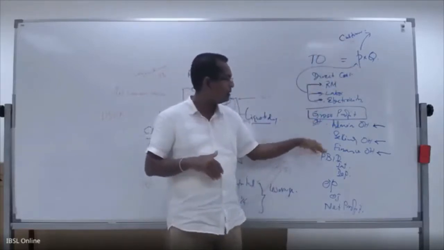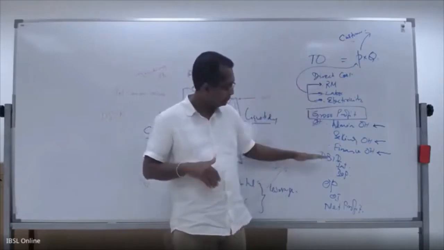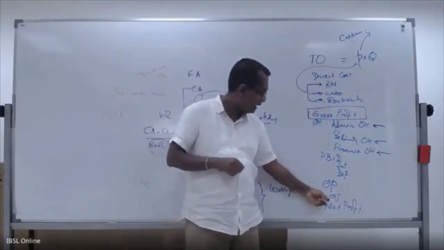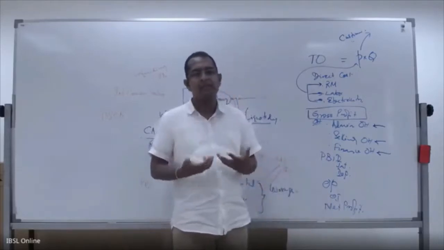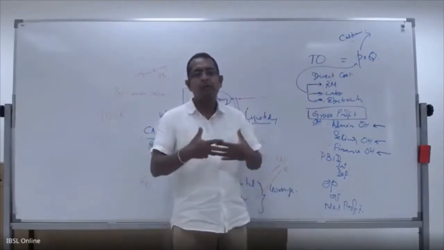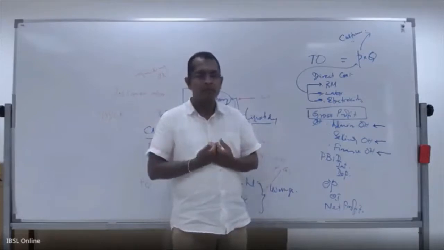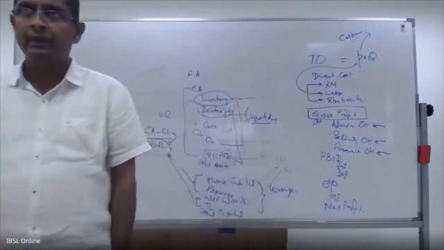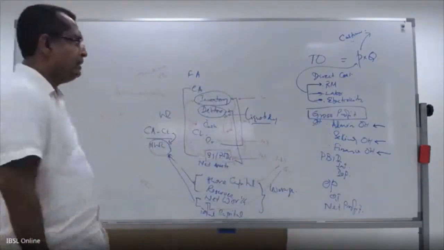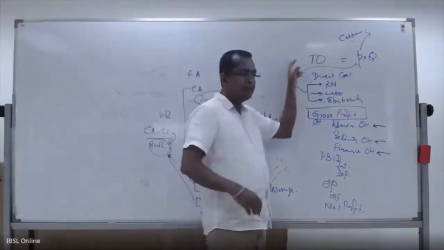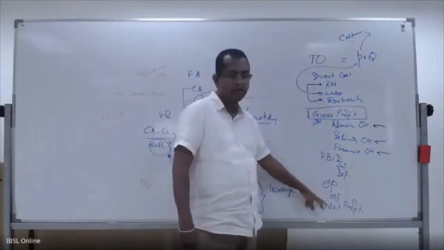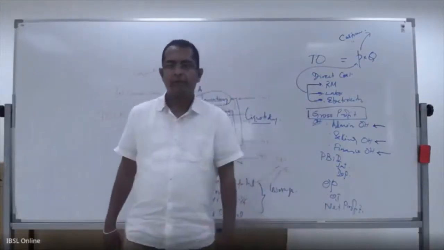However, these things can't be passed: profit before interest and depreciation. Any income generated outside your main course of business is other income. If you are a printer, income from printing comes here. Sale of cut pieces of cardboard goes there, right?